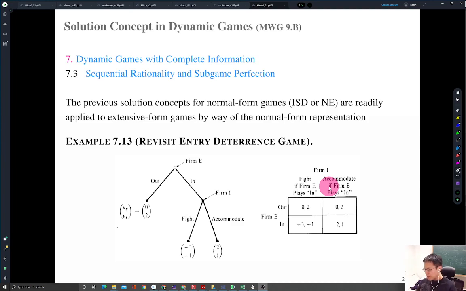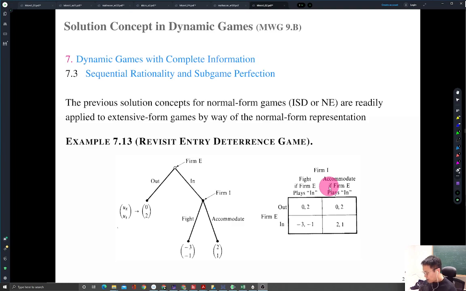But when you represent a dynamic situation in a normal form, we should be careful about the strategy, especially when players have multiple information sets. There will be a subtle difference between possible actions and possible strategies. So we should be careful when we identify the players' strategies. Okay?